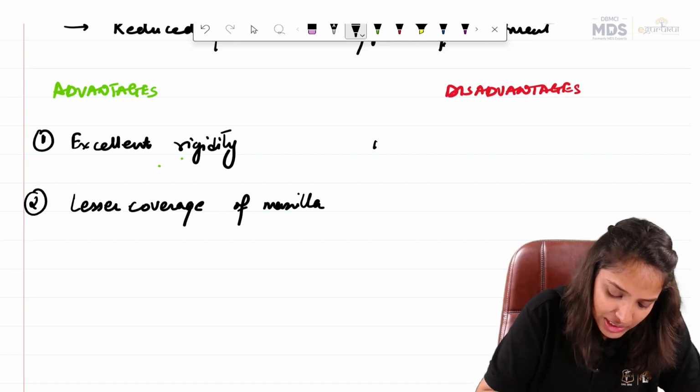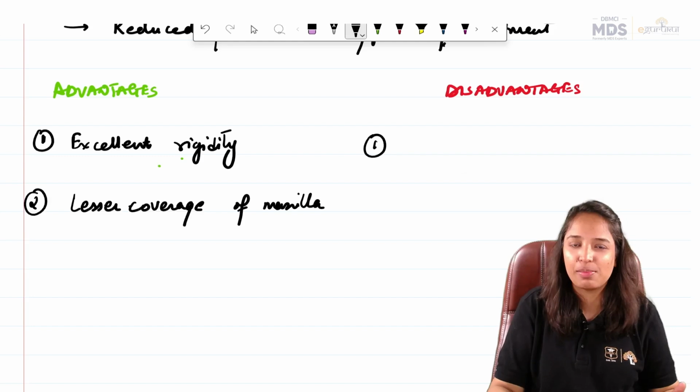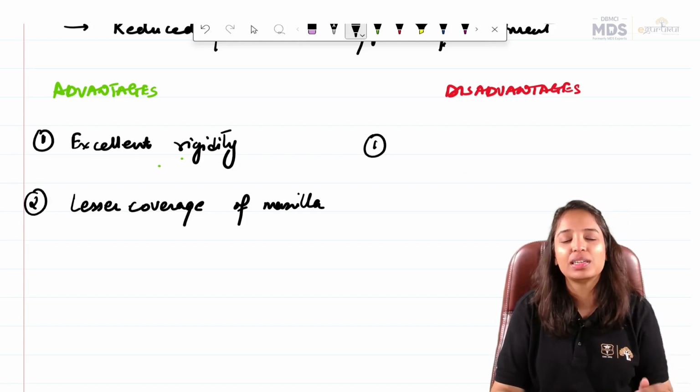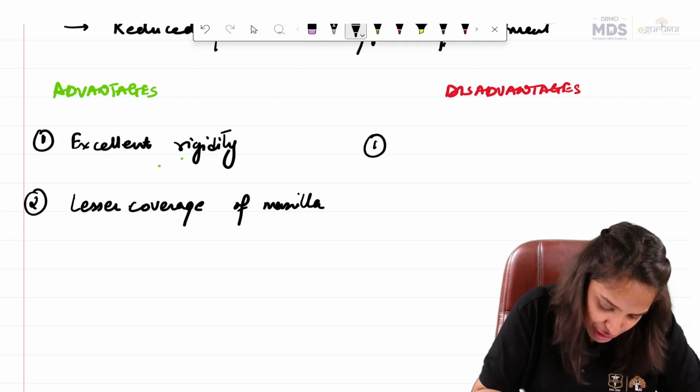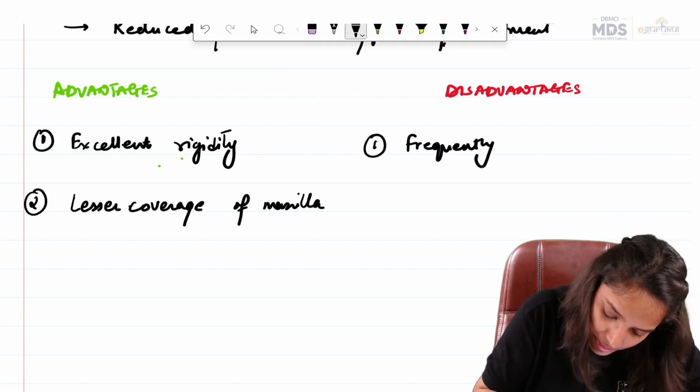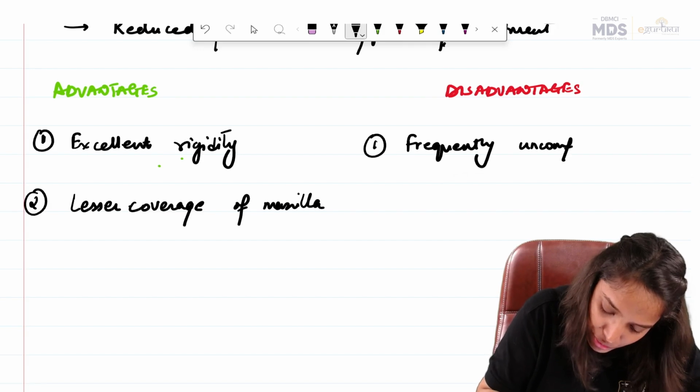Now we look at disadvantages and remember it from single palatal bar. What was your disadvantage? Because of the design, the bar is objectionable to your patient. So it is frequently uncomfortable to your patient.